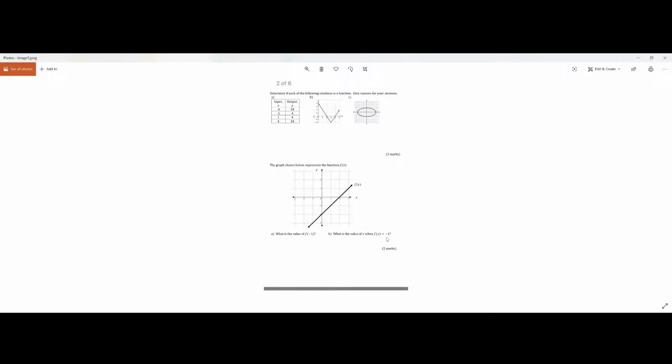What this is saying is determine the value of x when y is equal to negative 1. So look at negative 1, and when x is 1, y is negative 1. So that is x is equal to 1.